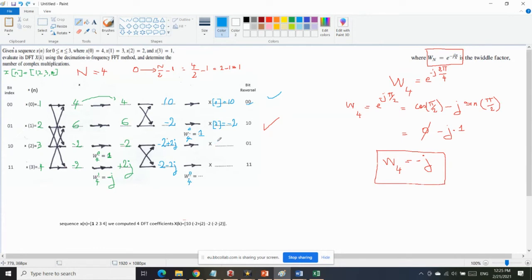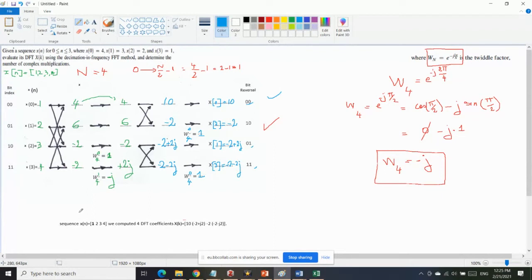So we're talking about which one? This is X, because the index is 1. So we're talking about X1. Minus 2 plus 2J. For X3, index is 3, we have to multiply this with 1. So it's the same thing. Minus 2 minus 2J.